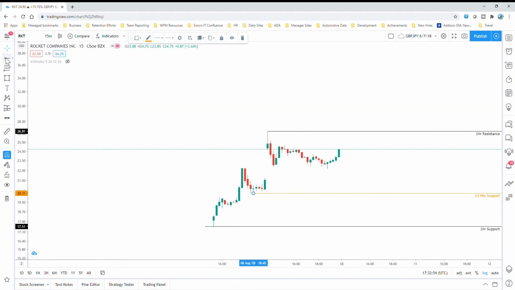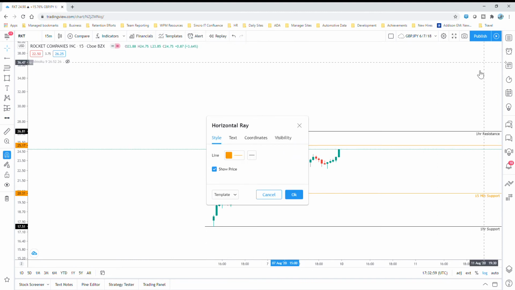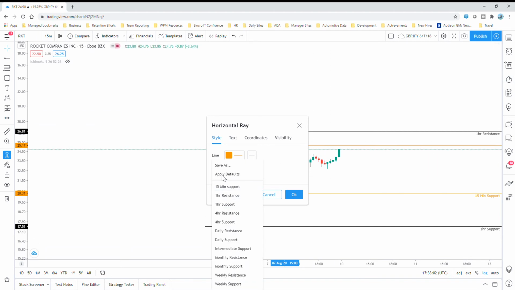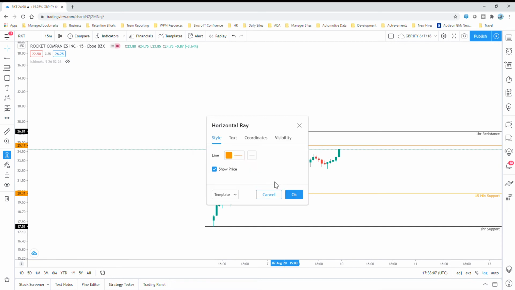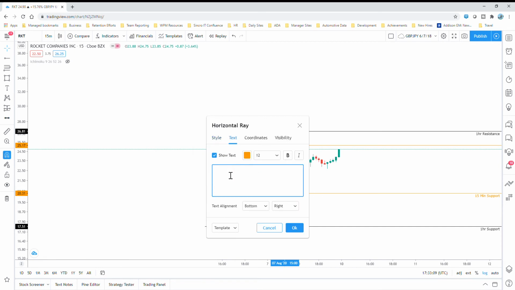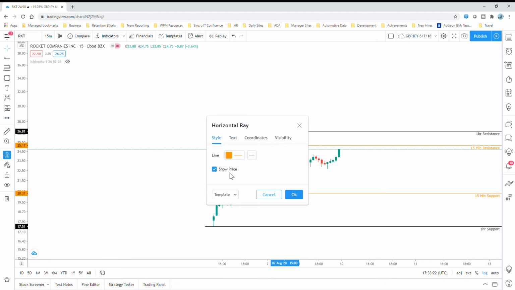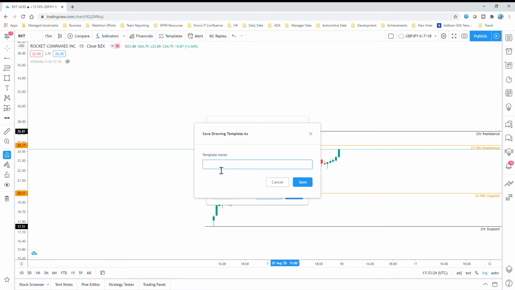Then that resistance level would be about right here. Alright, that's 15-minute resistance.